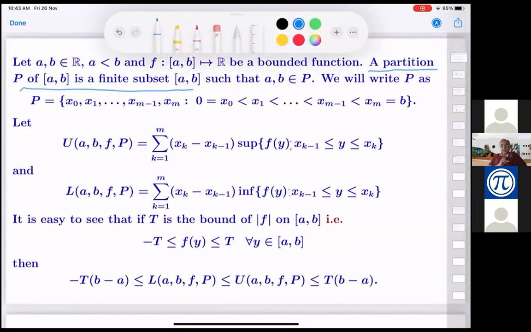Okay, sir. So a partition is a subset of another partition if all the points in the first one are points in the second one. And then clearly what will happen is that when we think about it as intervals, each interval in the original partition gets split into two or more or remains the same.